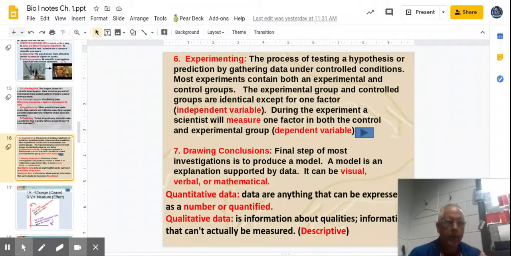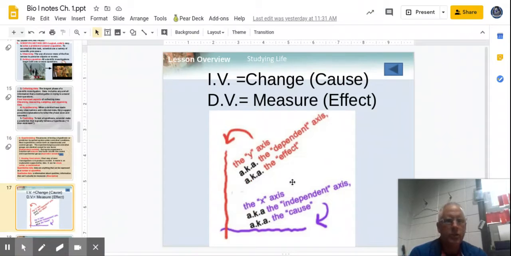If I just change one thing, in this case, just the design, we used the same size paper, we threw the same way, everything was the same, except what design of plane did I have. That is the independent variable. In every experiment, you've got to figure this out. So get this in your brain that the independent variable is what we change in the experiment, and we only change one factor. Okay. The dependent variable is what we measure.